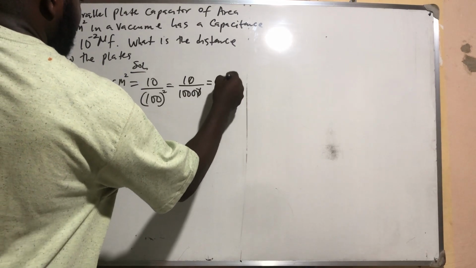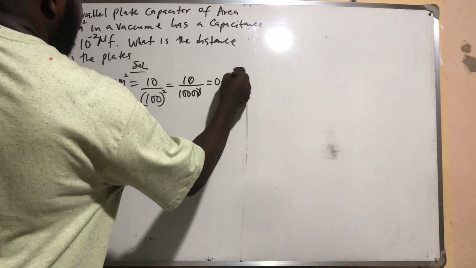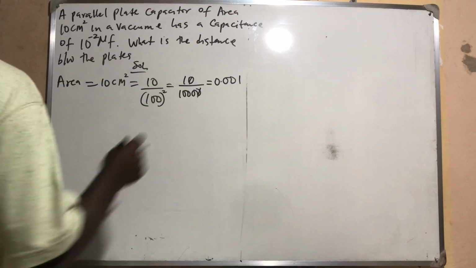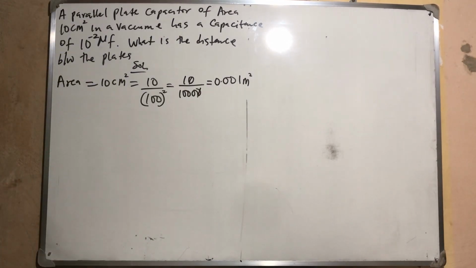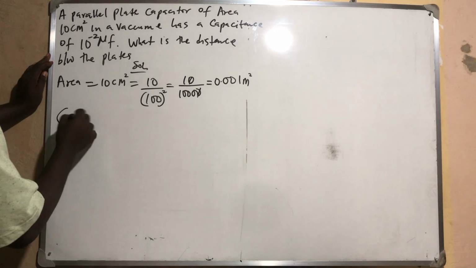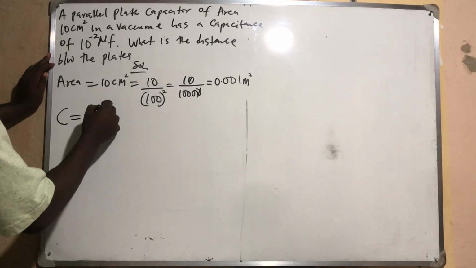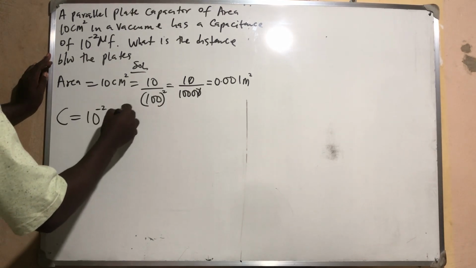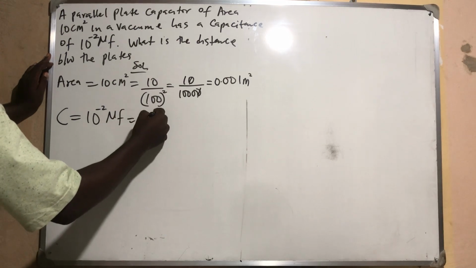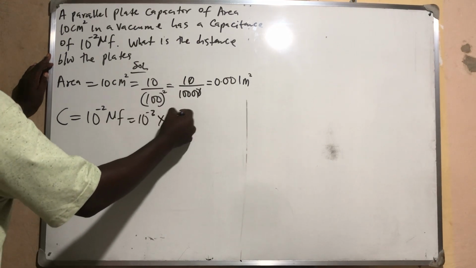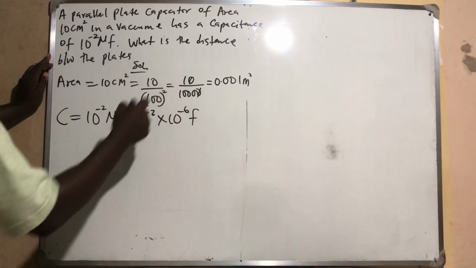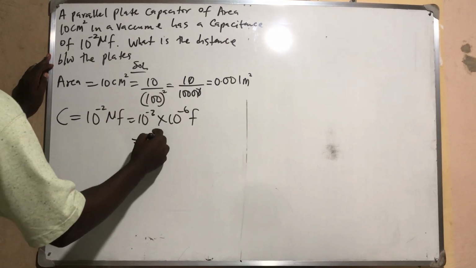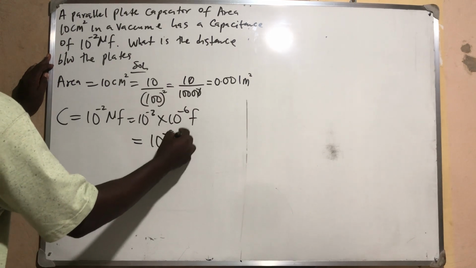I'm going to have 0.001 meter square. That is my area. So the next thing they gave me is the capacitance C, and my capacitance is 10 raised to power minus 2 μ farad, which is what? 10 raised to power minus 2 times 10 raised to power minus 6 farad, because μ means times 10 raised to power minus 6. So both of them will give me 10 raised to power minus 8 farad.